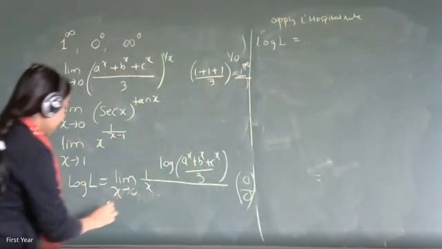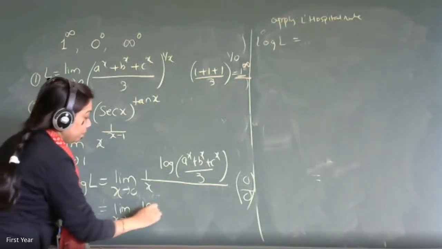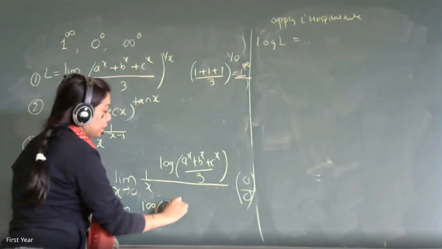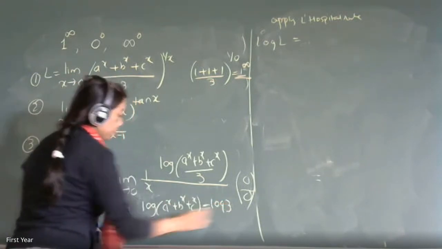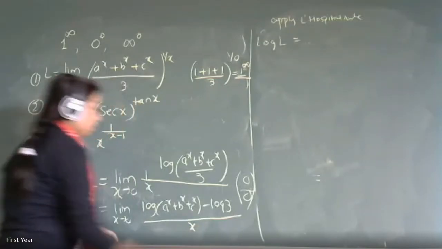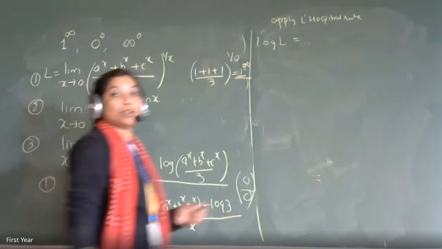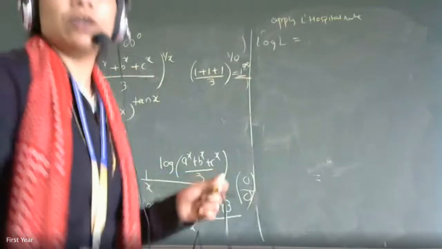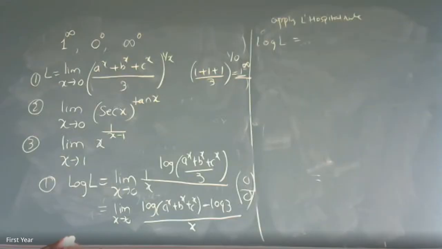Log L can be written as the limit of x goes to 0 of log of a raised to x plus b raised to x plus c raised to x, minus log of 3, divided by x. The derivative of log 3 will become 0 as it is constant.